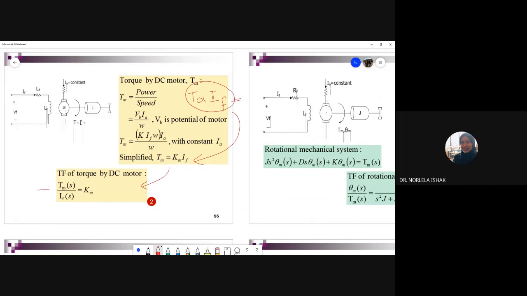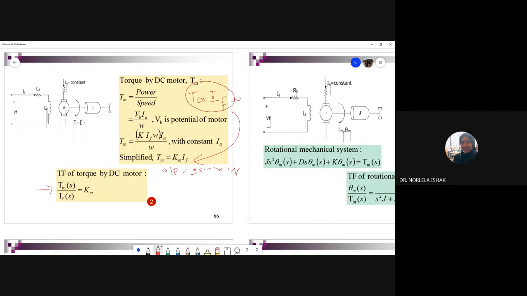So we can derive the transfer function similar to this. From here you can put it like this: output equals gain times input. So what's the output? Sorry, the output is the torque.